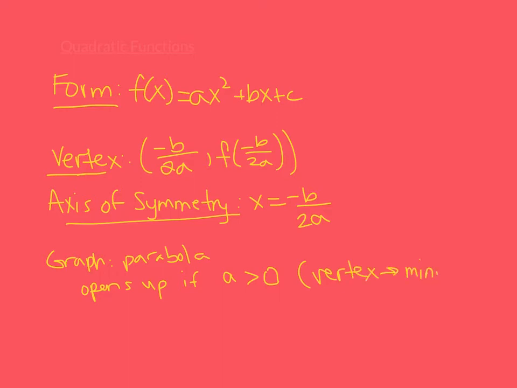It'll be a local minimum and an absolute minimum. And if it opens down, if your a value, the coefficient of the x squared, is negative, in that case your vertex is going to be a maximum, both a local and an absolute maximum.